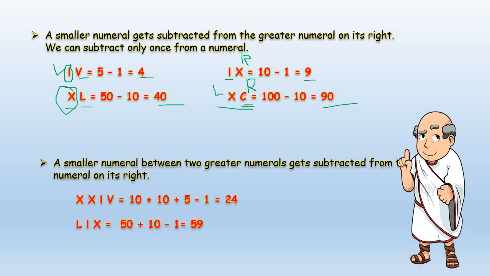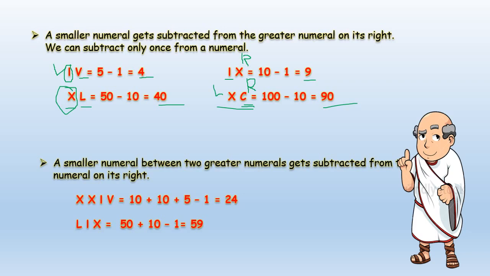That means, now try and understand, two bigger numbers: the number on the left side is bigger and the number on the right hand side is bigger. Sorry children. Now see again. The fourth rule says a smaller numeral between two greater numerals gets subtracted from the numeral on its right. Now try and understand. It is saying the smaller number between two greater numbers.